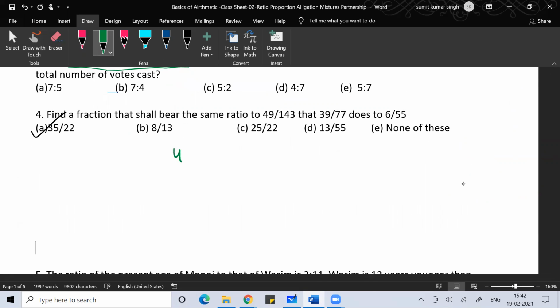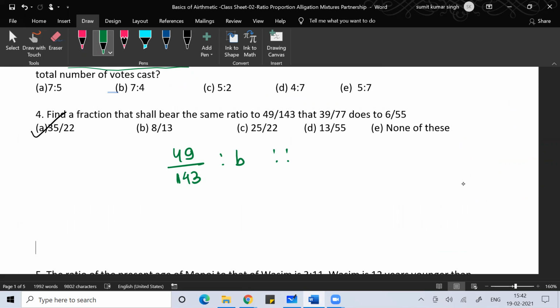So whatever the relation that fraction bears with 49 by 143, maybe the fraction is the denominator of 49 by 143.